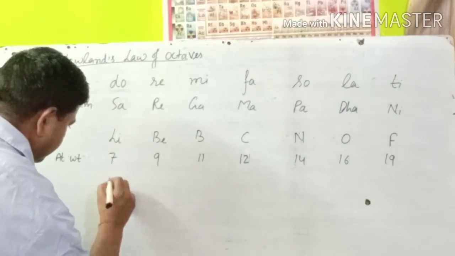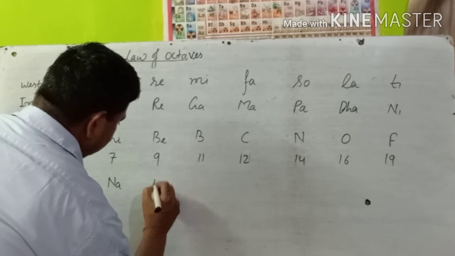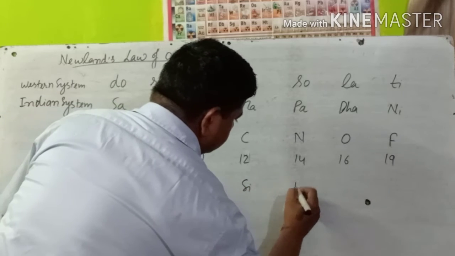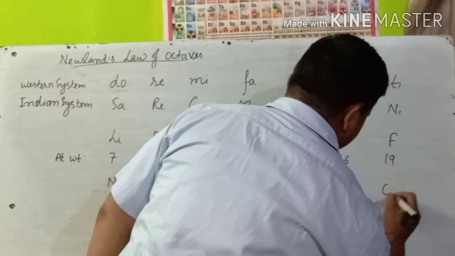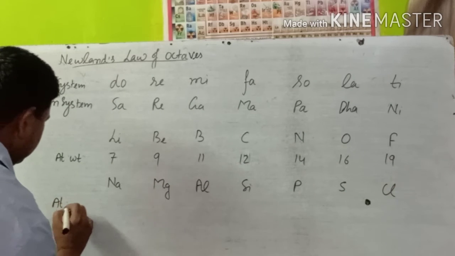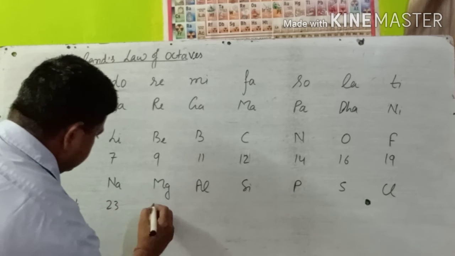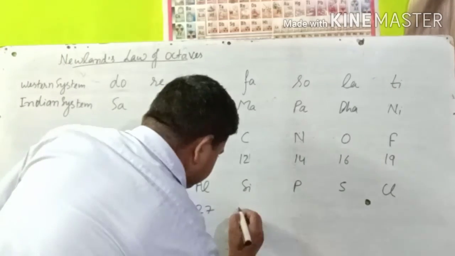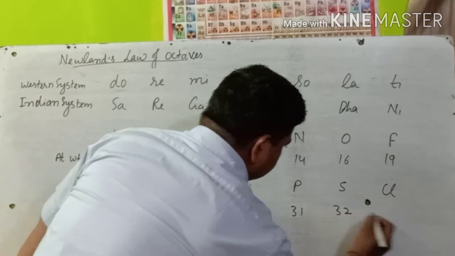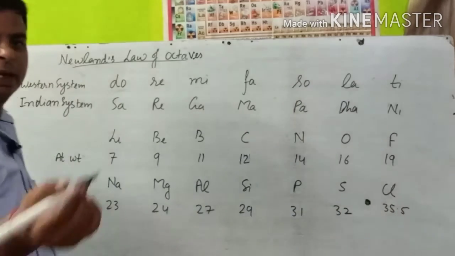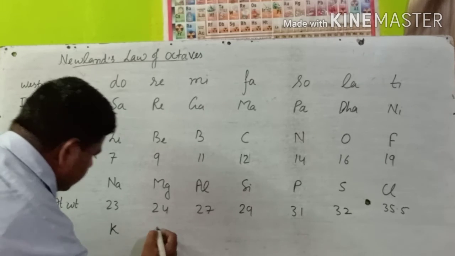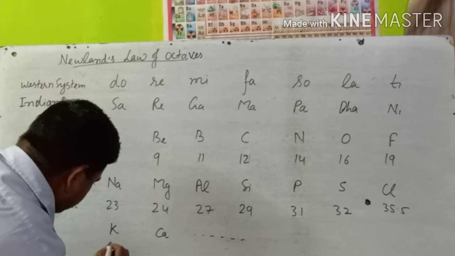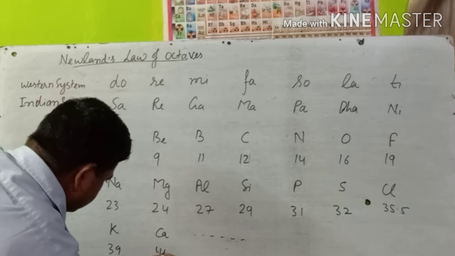Then again arrange the elements: sodium, magnesium, aluminium, silicon, phosphorus, sulfur and chlorine. Their atomic weights are 23, 24, 27, for silicon 29, 31, 32, 35.5. Similarly potassium, calcium and many more elements. Here potassium 39, calcium 40.